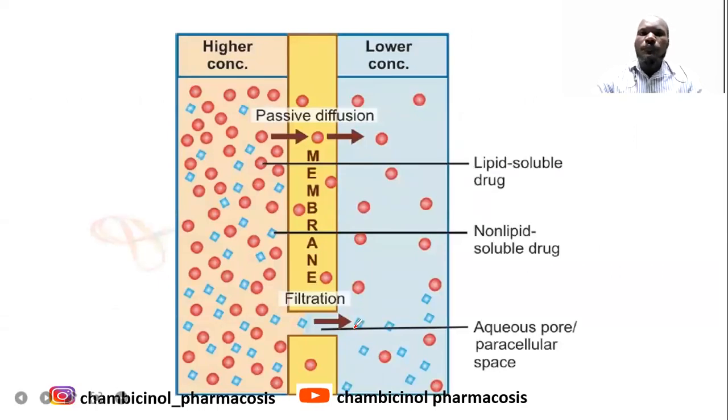Here you can see the drug which is lipophilic in nature just passing through simple diffusion across the biological membrane from the higher concentration to the low concentration, while those drugs which are in polar form will be restricted from passing through the biological membrane, then will pass through the aqueous pores located in the paracellular space. So the diffusion will not be possible.